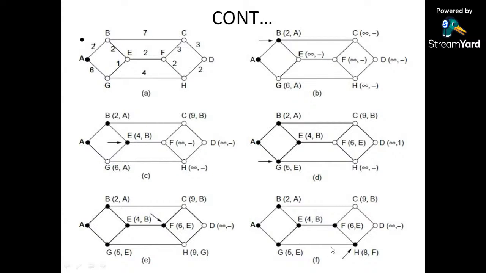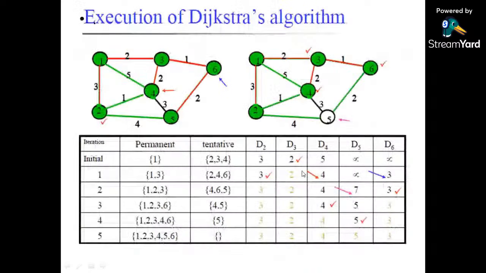So the distance of H from A is 2 plus 4 plus 6, that is 8. That is the value. So this is the execution of Dijkstra's algorithm, in which the example is given.